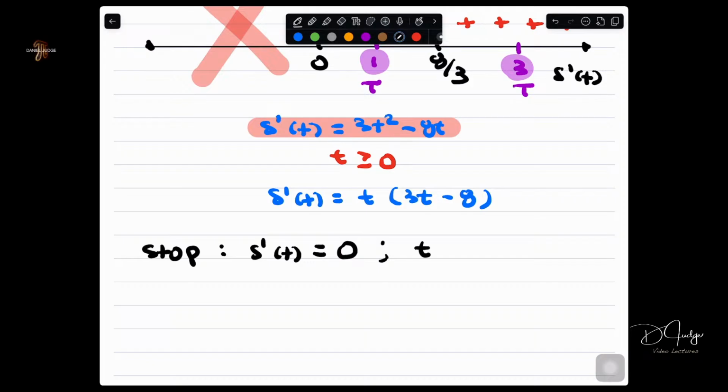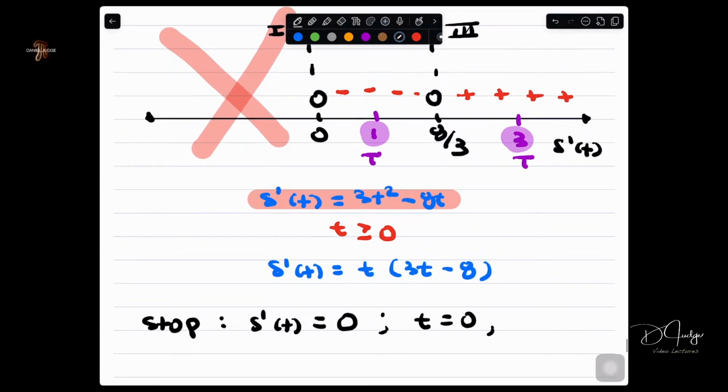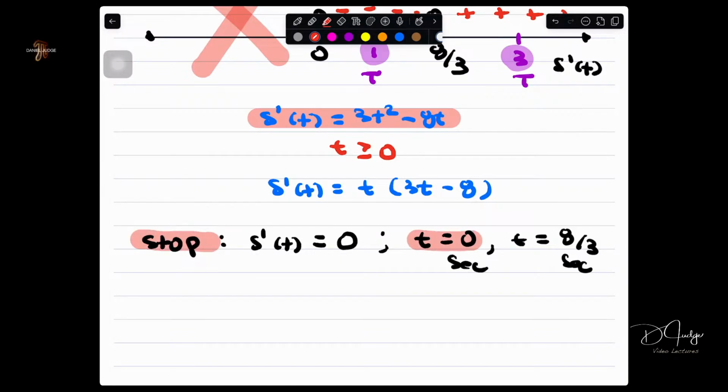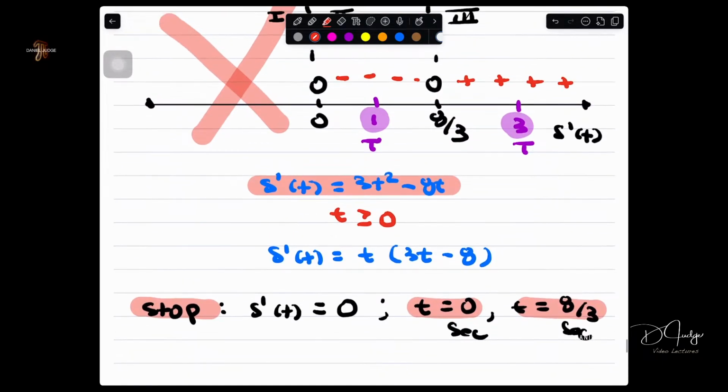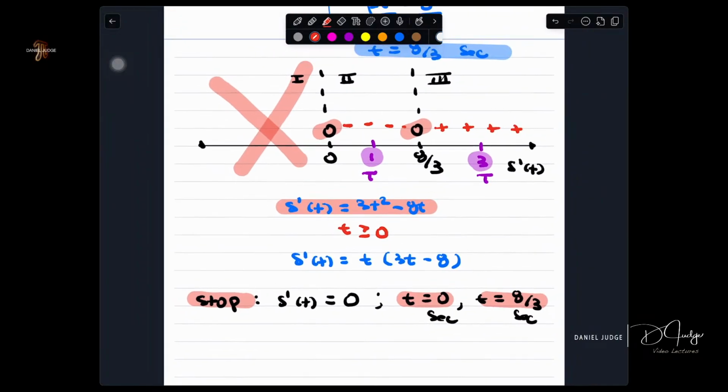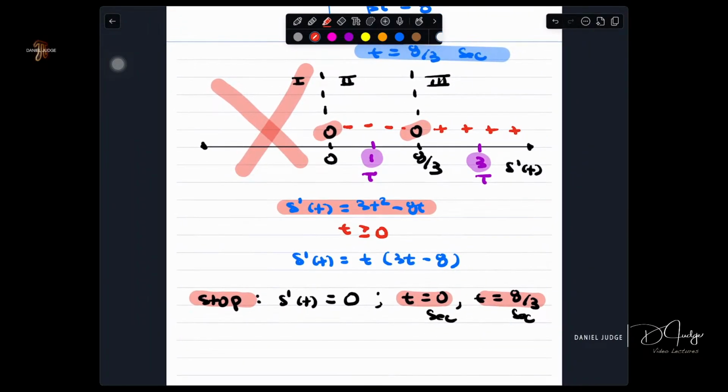And that happens when t is 0 and t is 8/3. Those are in seconds. This is where your velocity is 0, when t is 0 seconds and t is 8/3 seconds, because this is the whole purpose of us finding those values in sign analysis.